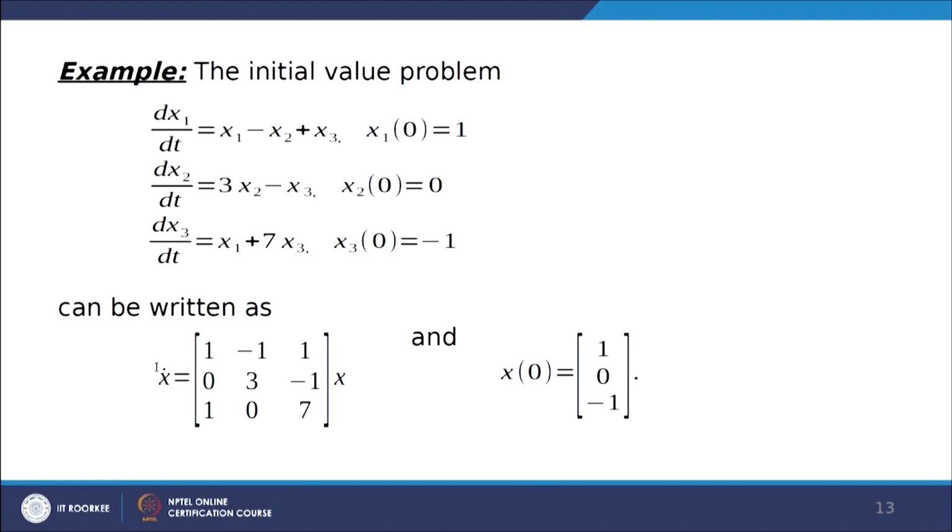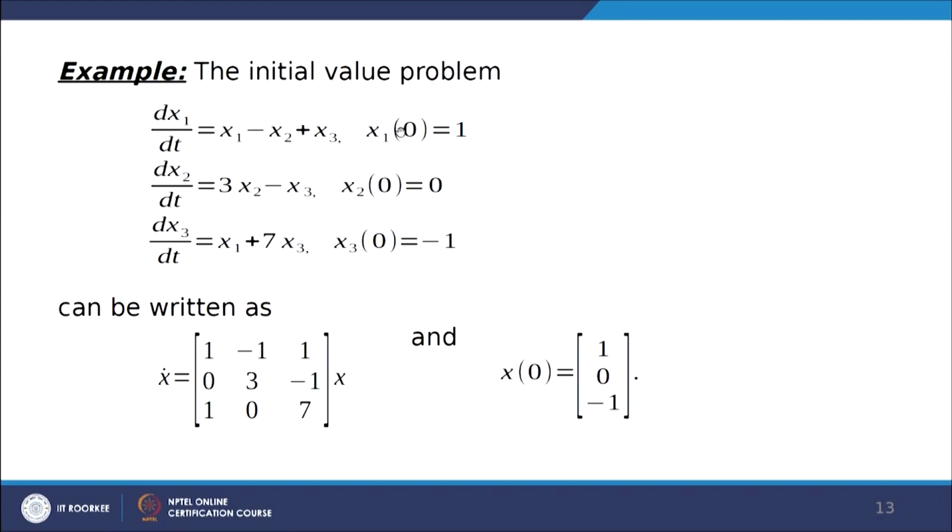And the coefficient matrix of the unknown functions x1, x2, x3 is: first row 1, minus 1, 1; second row 0, 3, minus 1, because the coefficient of x1 is 0; and third row 1, 0, 7, since the coefficient of x2 is 0. Then the vector x has components x1, x2, x3.